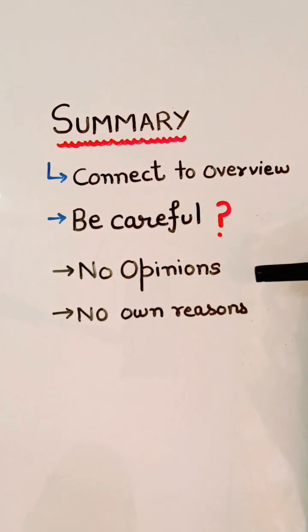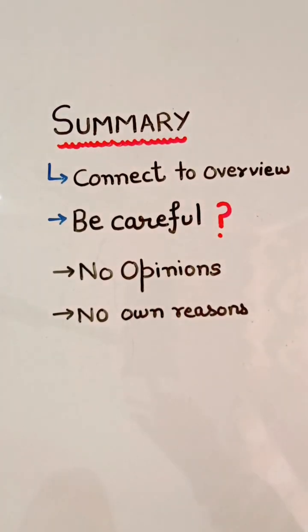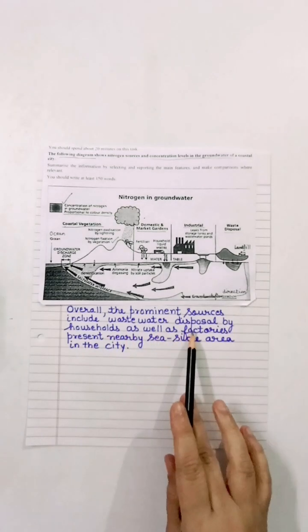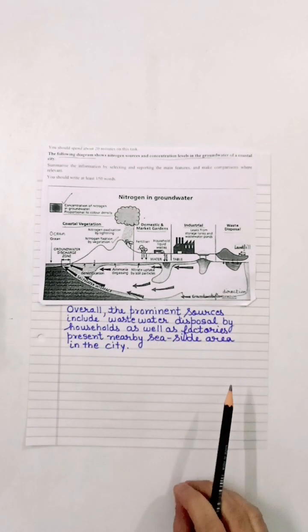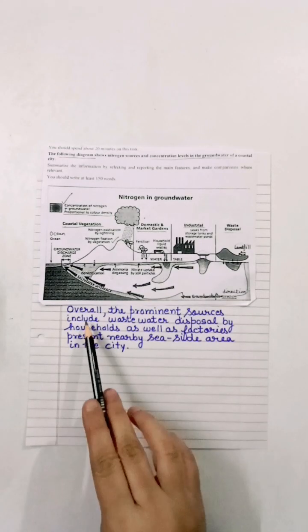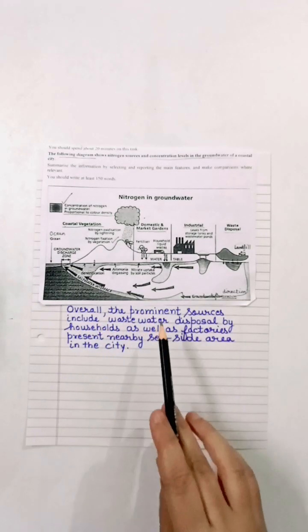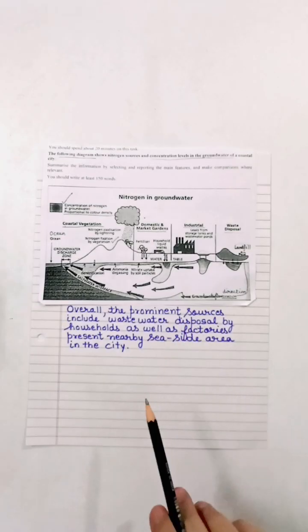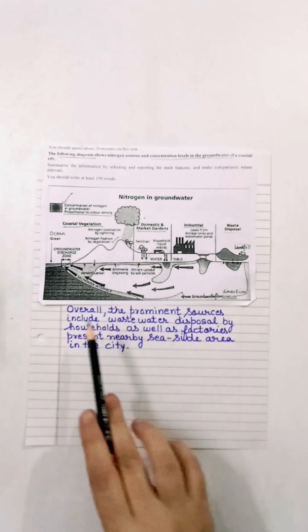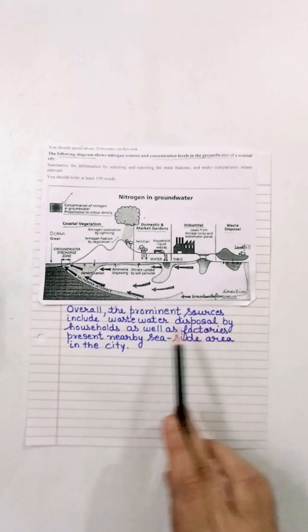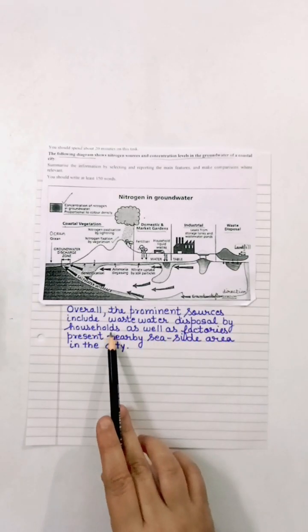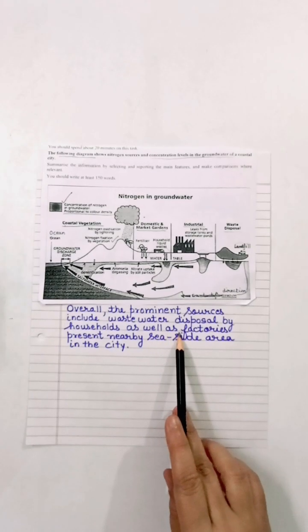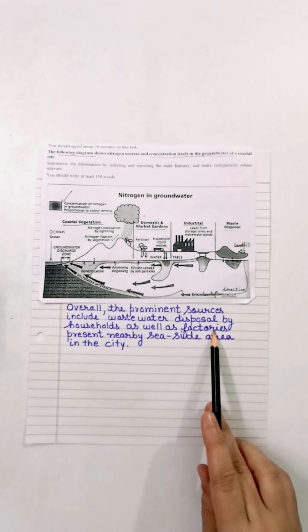Now let us do the summary in context of this particular question. This is the summary of just 4 to 5 lines, very precise, very succinct. Okay, overall, and do not forget to leave one line after the paragraph of details. Overall, the prominent sources include wastewater disposal by households as well as factories.